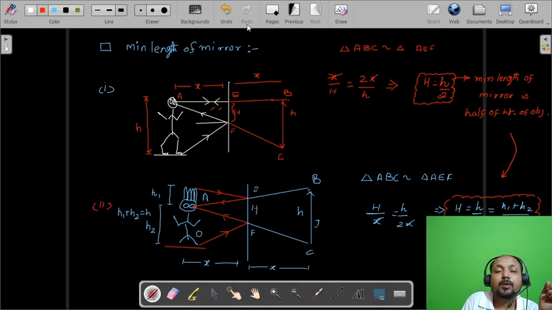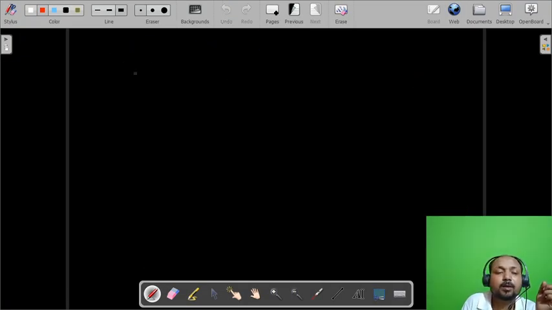Okay, now let us take another example. Let's say there is a room in which there is a wall and a plane mirror is placed. Okay, a room in which a plane mirror and a wall are placed.